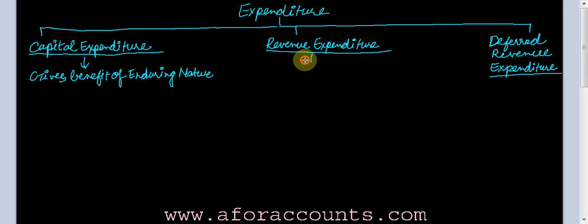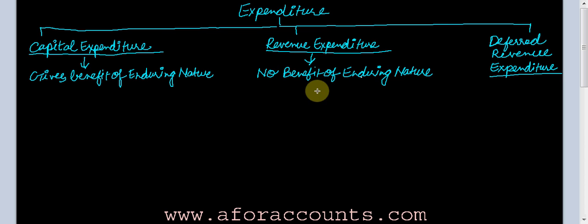Okay, and what about revenue expenditure? It generally exhausts in one single accounting year. So, no benefit of enduring nature. Okay, so let me tell you that generally capital expenditure is placed in the balance sheet.